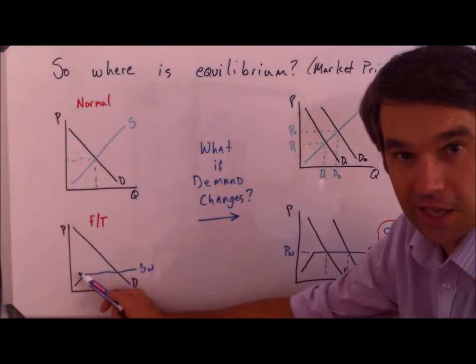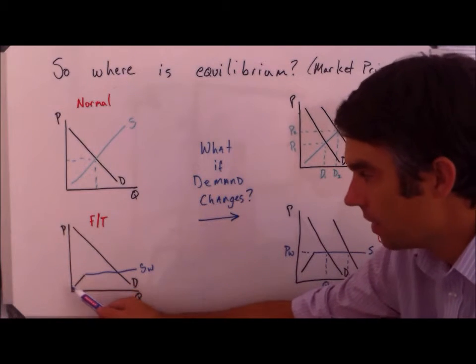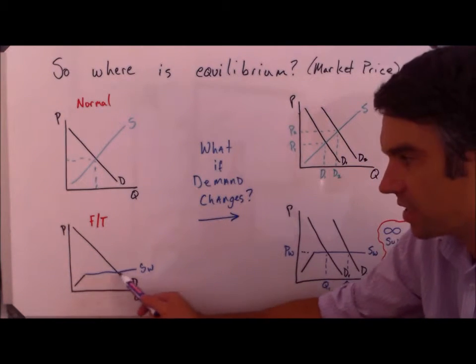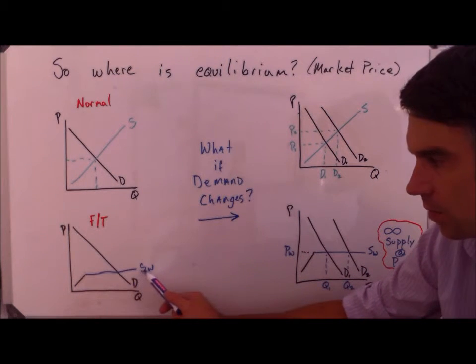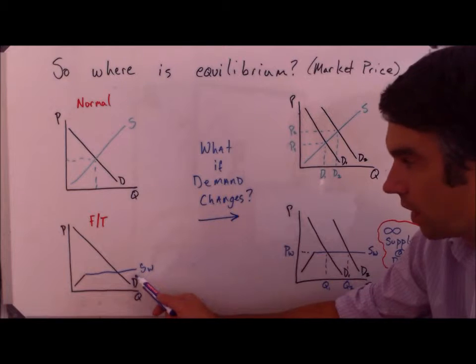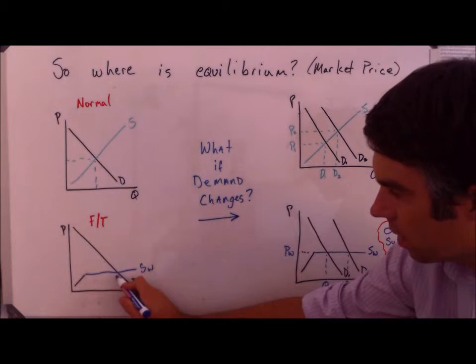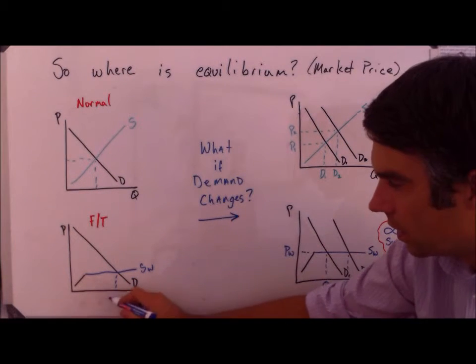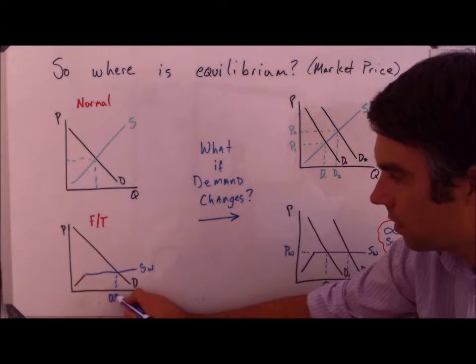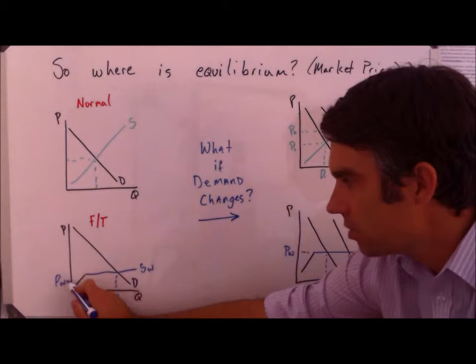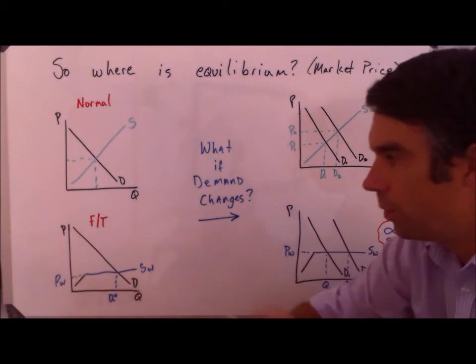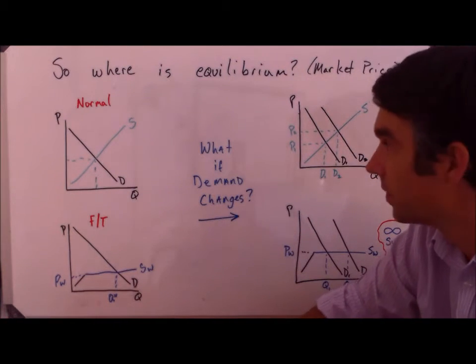Don't confuse that with the kinked demand curve, different ideas. But we get this supply curve that has this kind of funny shape. And again, remember, it's perfectly elastic, basically to infinity. Okay? So again, here, the equilibrium quantity is going to be there, and whatever the world price was will be the equilibrium price.